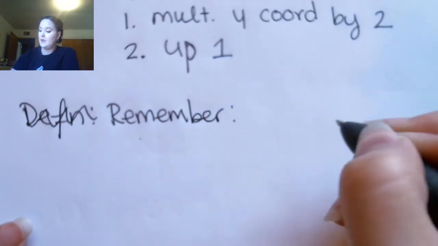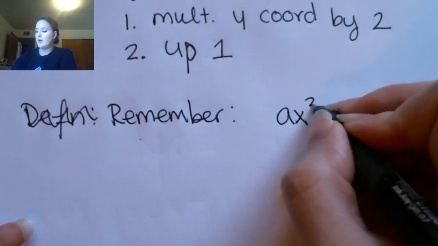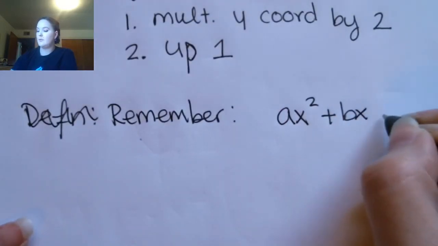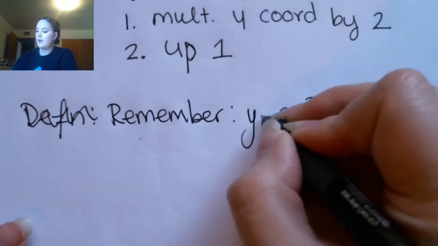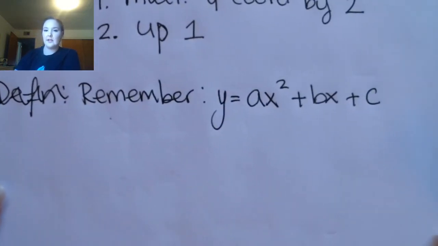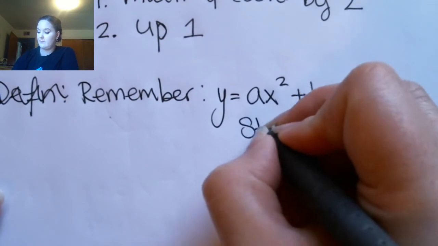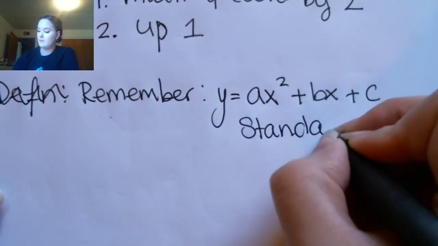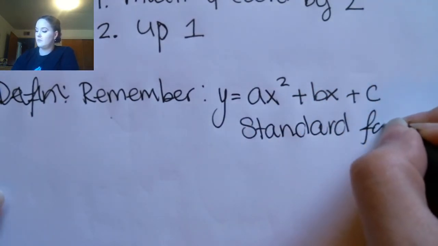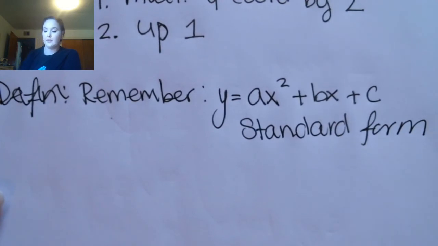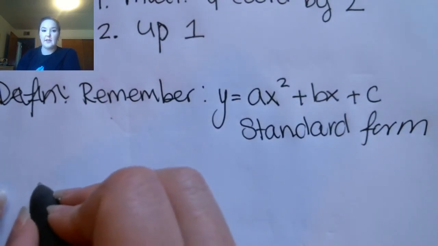When we have ax squared plus bx plus c, remember this is called standard form. We've been talking about that a lot.